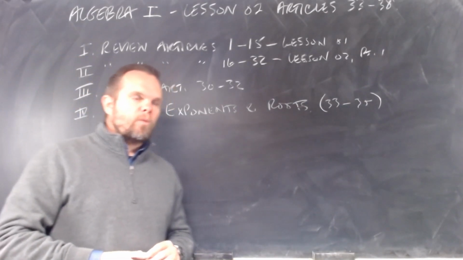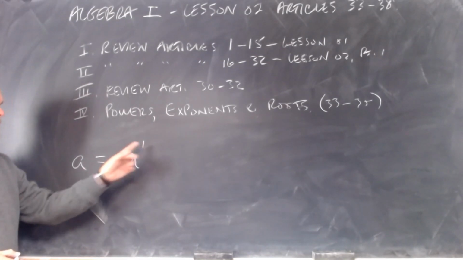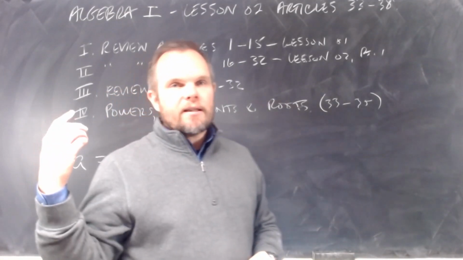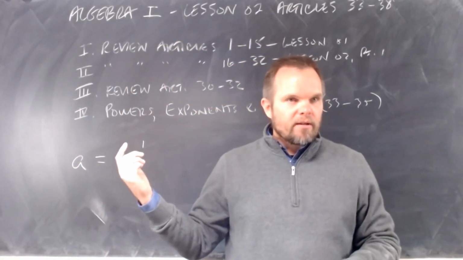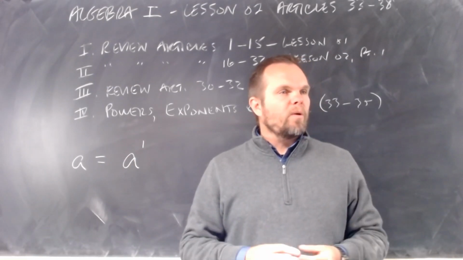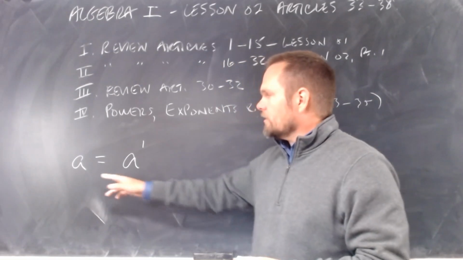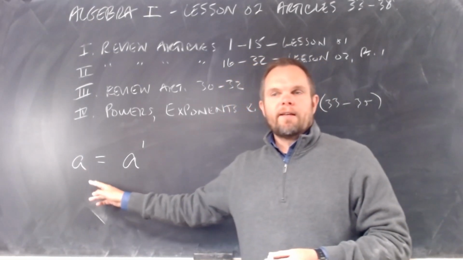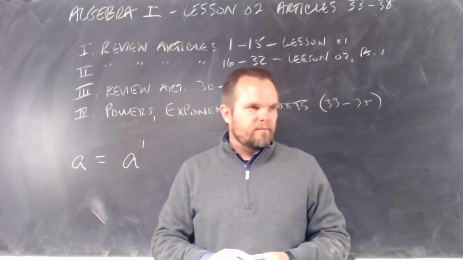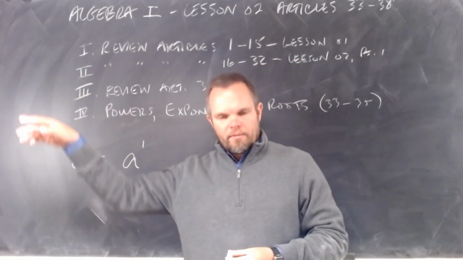When a quantity exists by itself, we can understand it as having 1 as an exponent. That may seem dumb, right? But later on, we'll understand why that's important. So just know that A is the same thing as A with the exponent of 1. Doesn't make sense now, but it will make sense later.